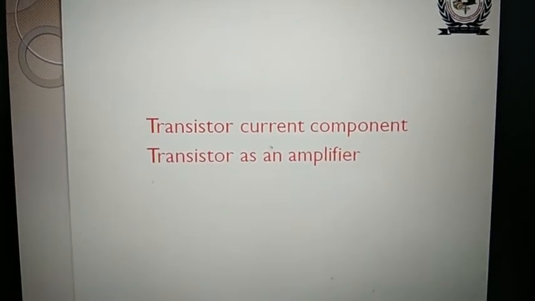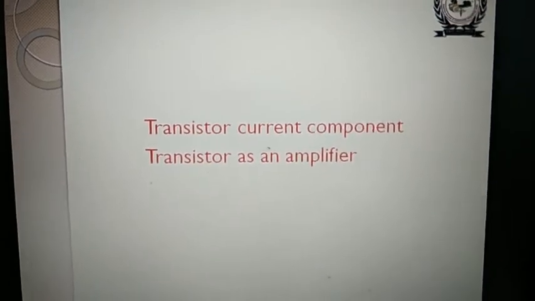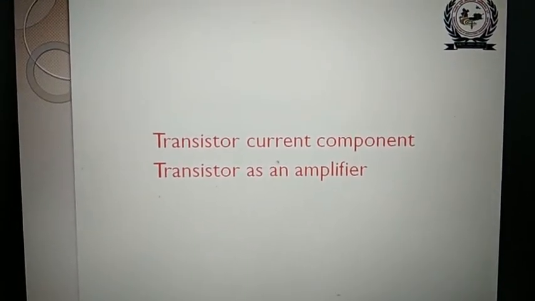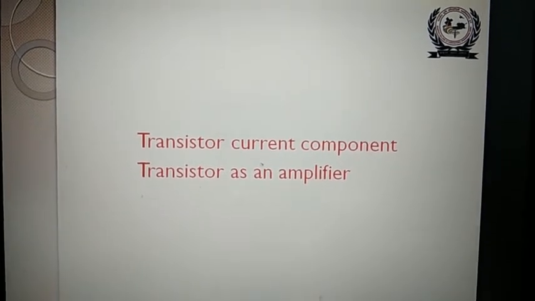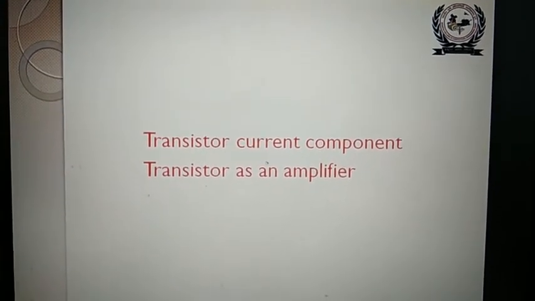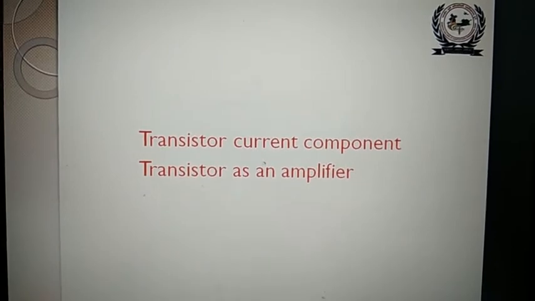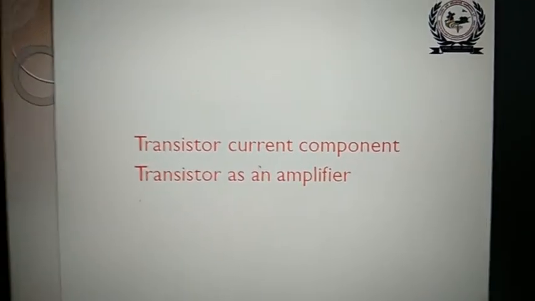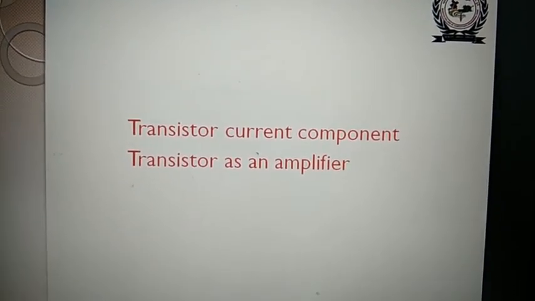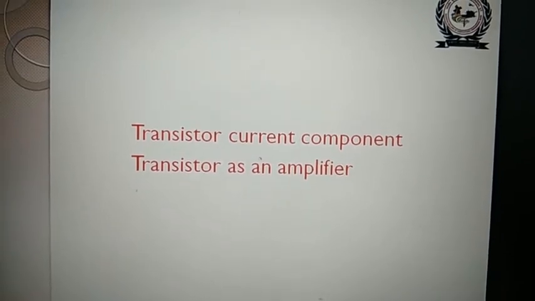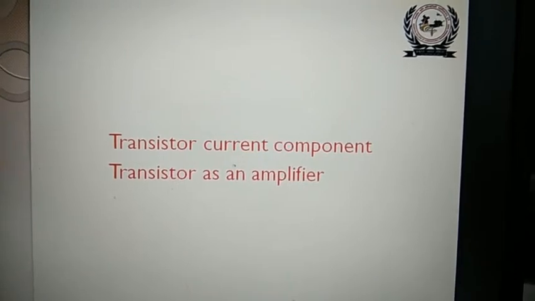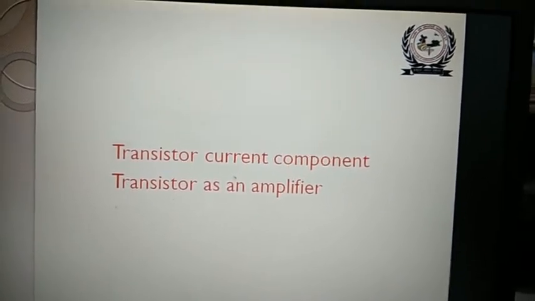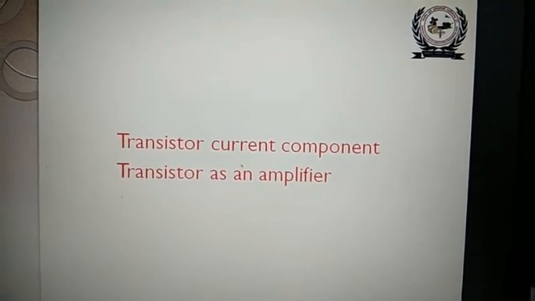In the second operation, the transistor is in the cutoff region, where both the junctions, base to emitter and base to collector, are reverse bias. And the saturation region, where both the junctions, base to emitter and base to collector, are forward bias.